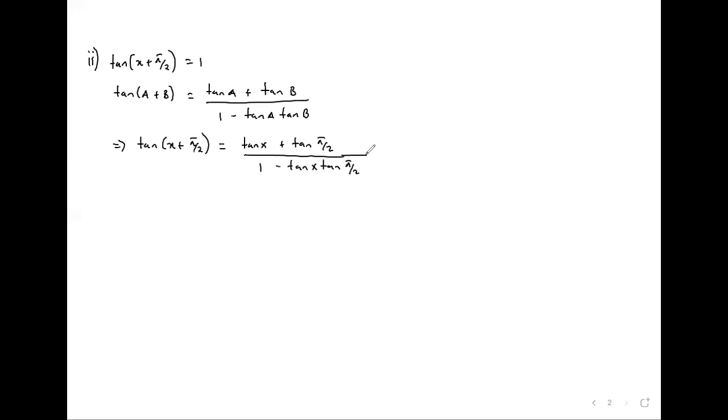So if this was to be 1, what is tan 90? Tan 90 is sine 90 over cos 90, but this is undefined.